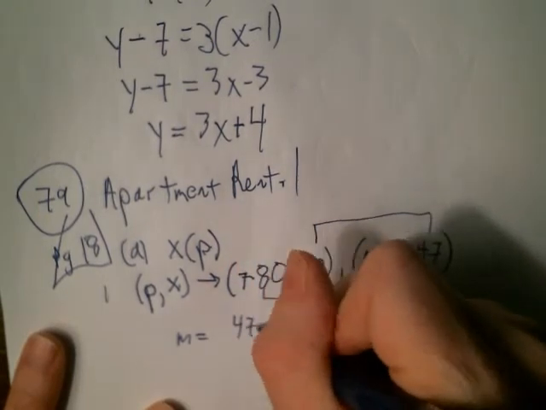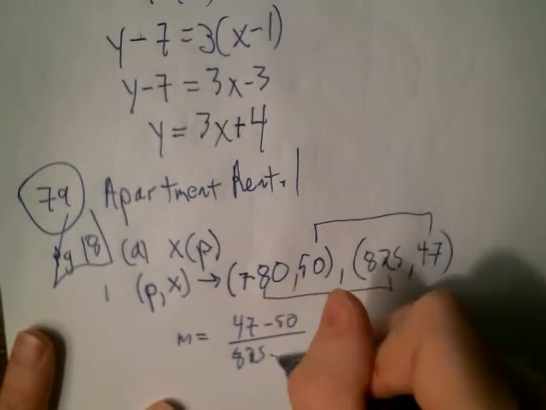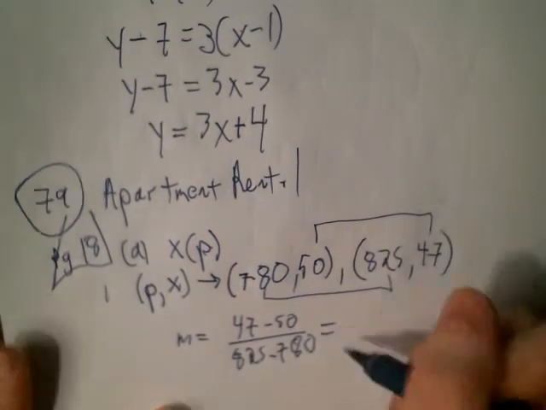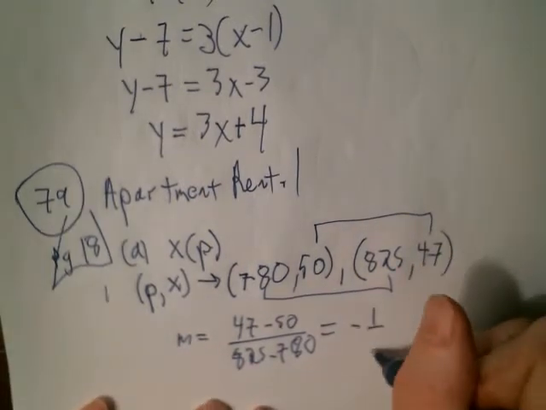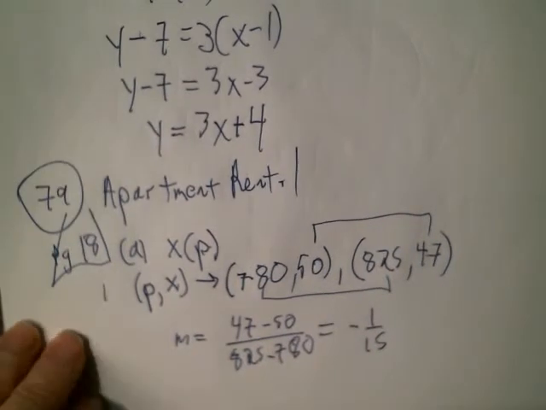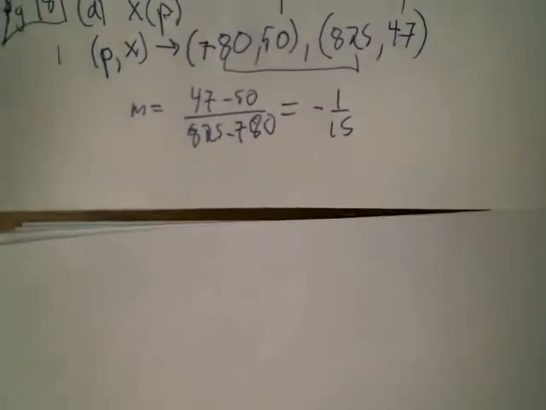So I got 47 minus 50 all over 825 minus 780. That'll be negative 1/15 when all is said and done. And then we can go to our point slope formula to generate this equation thereafter.